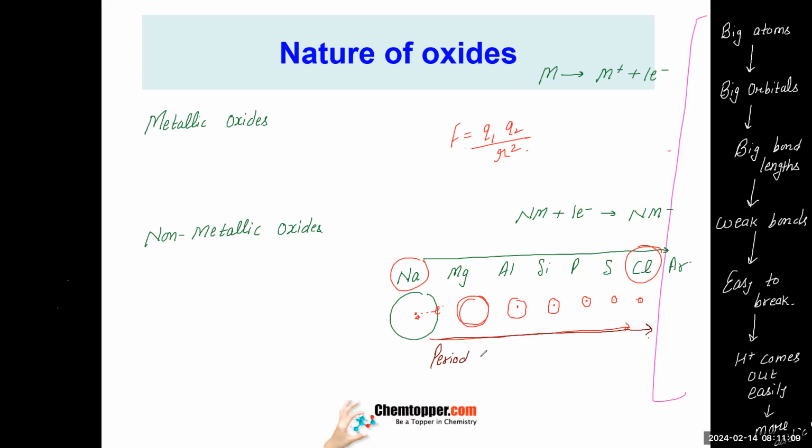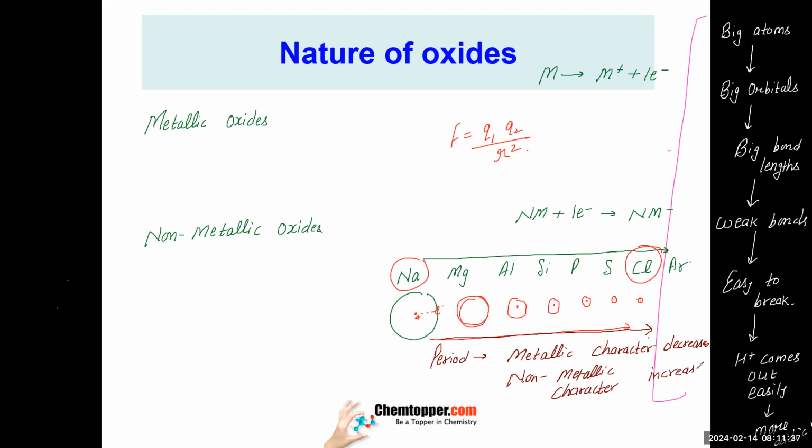So, across the period, metallic character, yes, Nivriti, decreases. And what happens to non-metallic character? Non-metallic character increases. This is unit 2, periodic trends, meaning of the metals and non-metals.